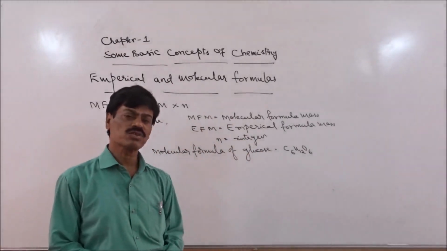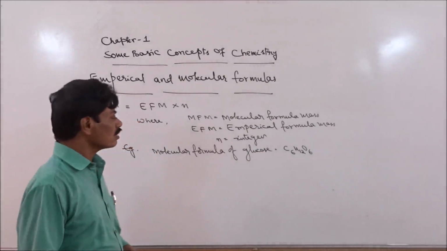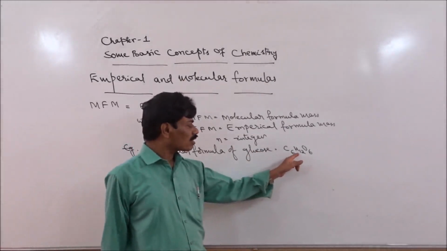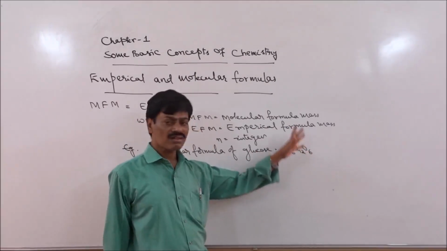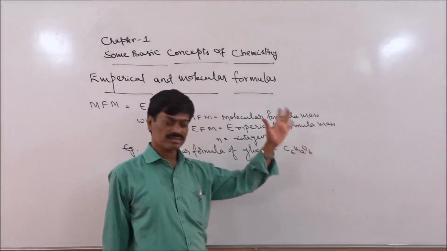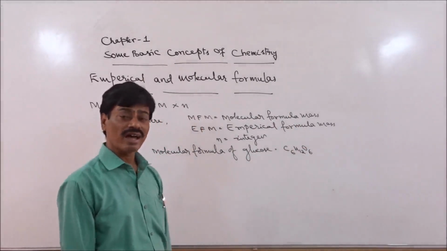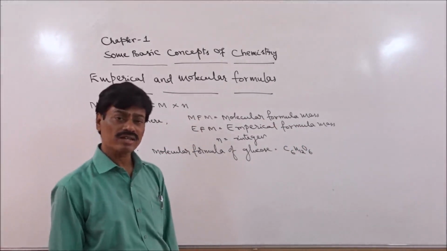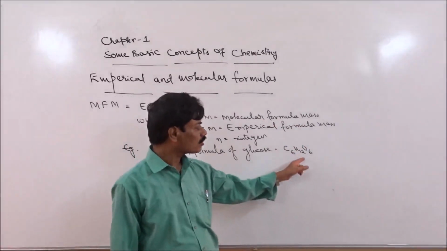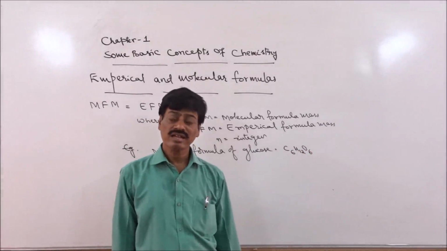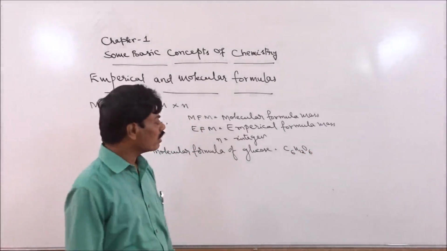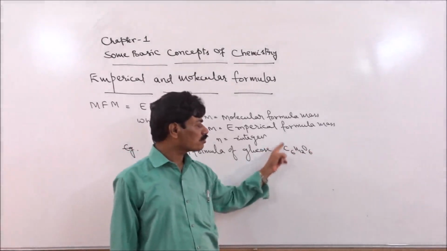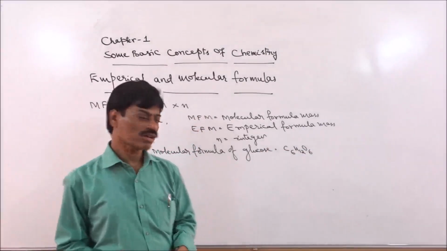Here 6 carbon atoms, 12 hydrogen atoms and 6 oxygen atoms. 6, 12, 6. These represent the actual number of atoms of carbon, hydrogen and oxygen respectively. That is why this formula is said to be the molecular formula.